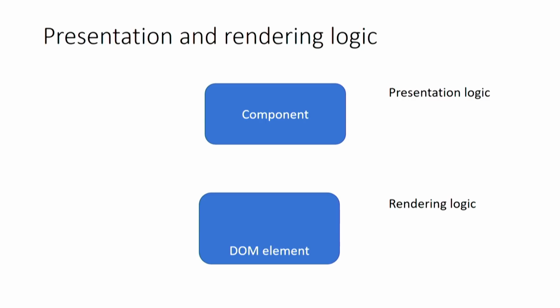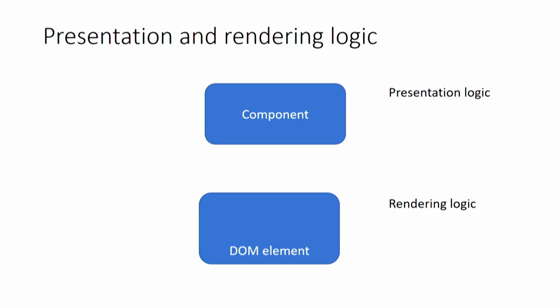Okay, the question is, we have 2 types of logic. Where should we put this logic in Angular? Well, presentation logic goes into components. We should view a component as a container with presentation-specific data. There is a good phrase, component state. You probably have encountered it before. I will be using this phrase a lot today. Where do we put rendering logic in Angular?